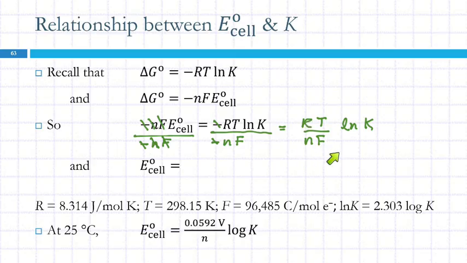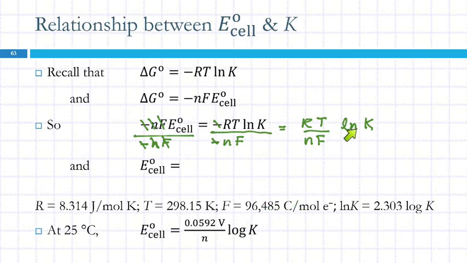Well, some of these things are constants, right? R is 8.314. The temperature, this is standard potential, the standard temperature is 298.15. F is Faraday's constant, 96,485 coulombs per mole.